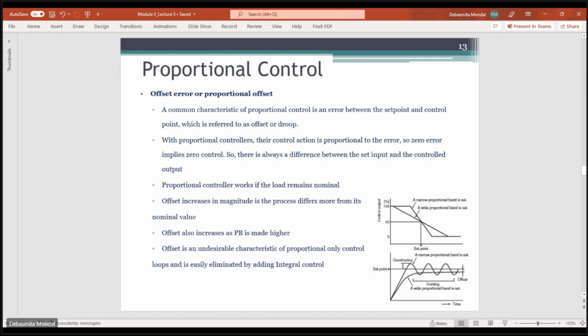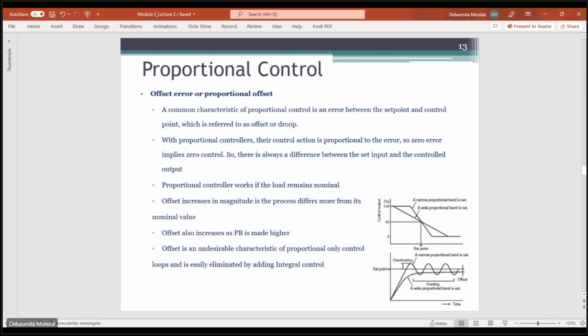Okay, and the amount of offset introduced in a proportional control depends on the proportional band. If the proportional band of this P controller is higher, then the offset becomes higher, and if the proportional band is less, then the offset becomes less.